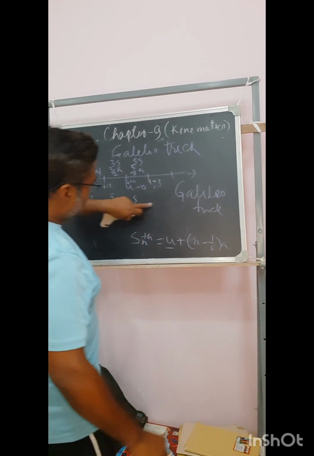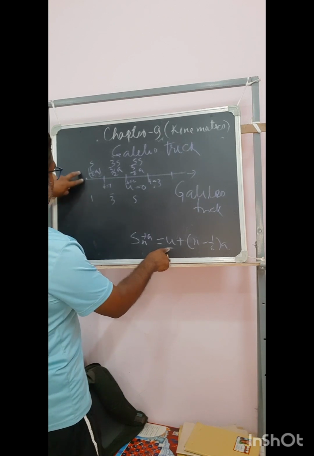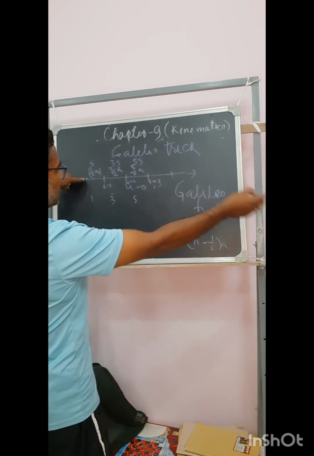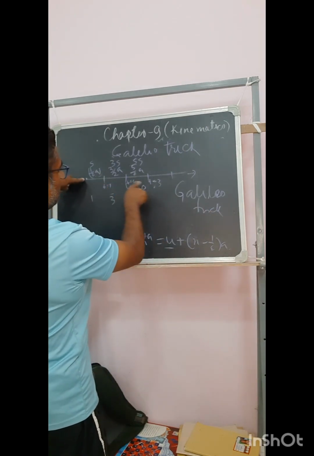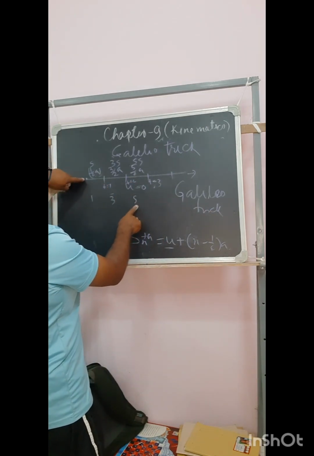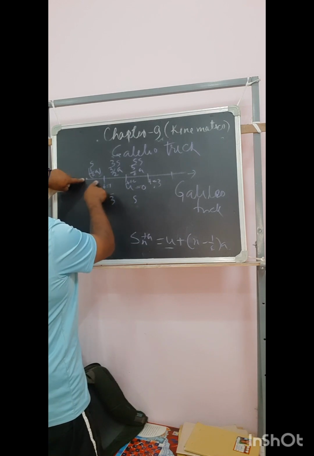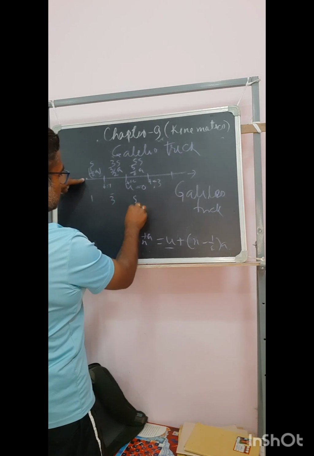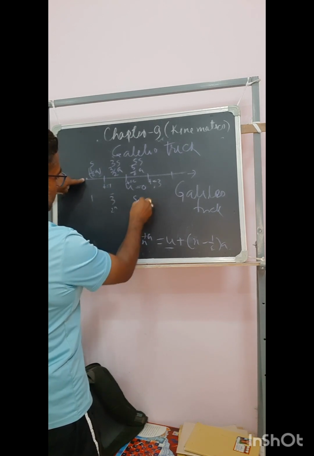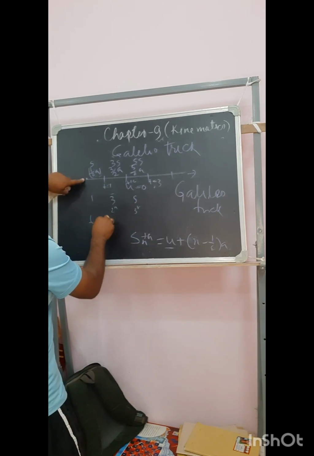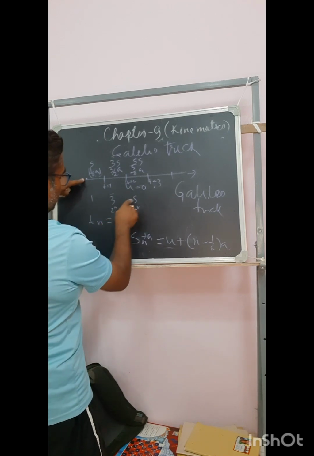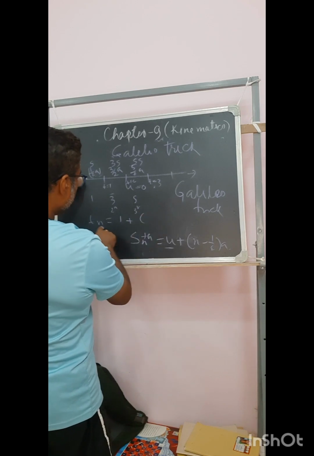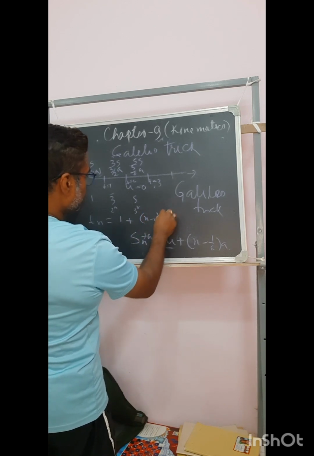Now if you have to add u, then it will differ only by u for any nth second. So this is the trick. This can be calculated by one simple relation. In the first second how much has gone, in the nth second, say the third second, or the second second. The nth term, as it is odd numbers, is equal to first plus (n minus 1) into the common difference, which is 2.